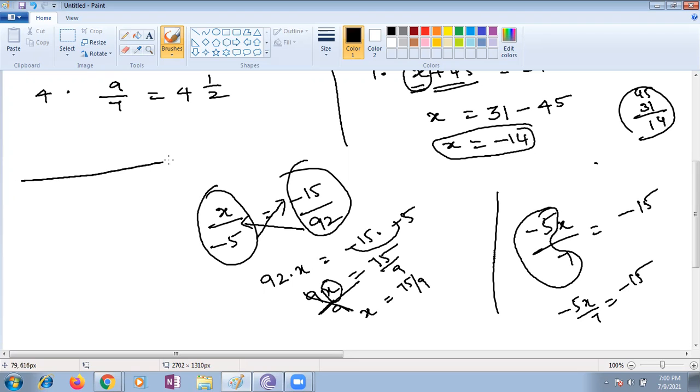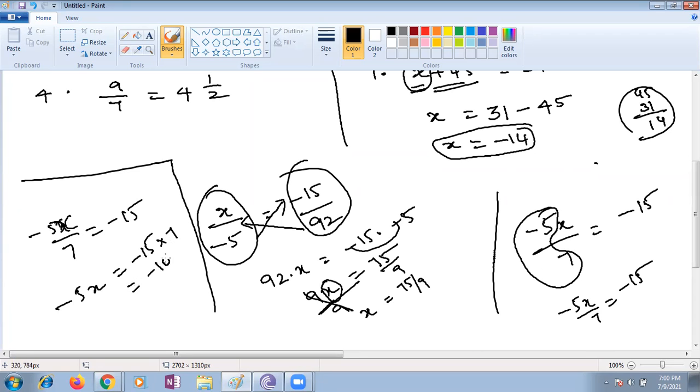Ma'am, it will be minus 5x is equal to minus 15 into 7. This is the question. Minus 5x is equal to minus 15 into 7, which is nothing but minus 105.